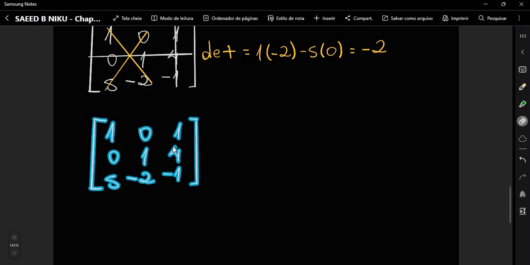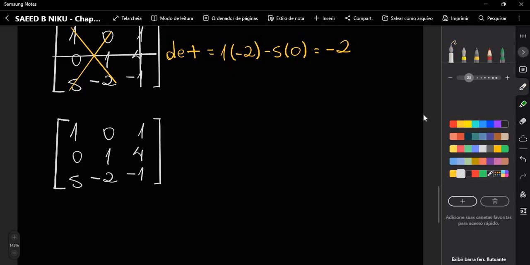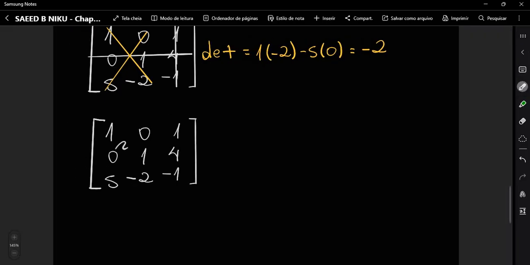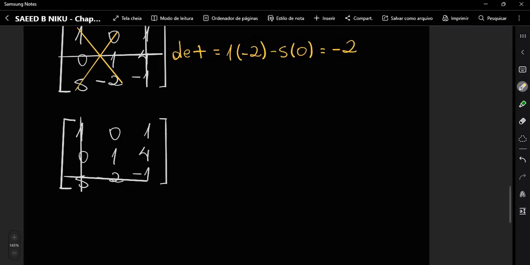Now for the last line, repeating the procedure, we block out the column, the line, and calculate the determinant of what is left.